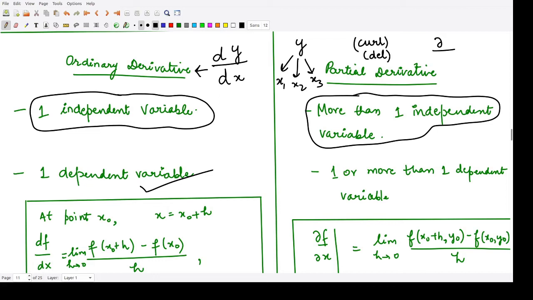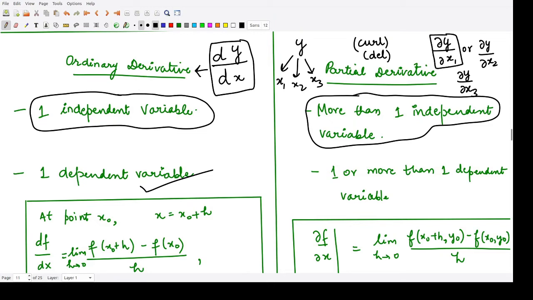Okay, so this is the curl or del operator. So this is del y by del x1, or del y by del x2, if you wanted to see what is the change in y with respect to x1, or what is the change in y with respect to x2, or what is the change in y with respect to x3.